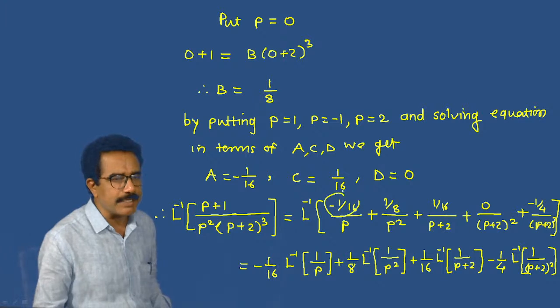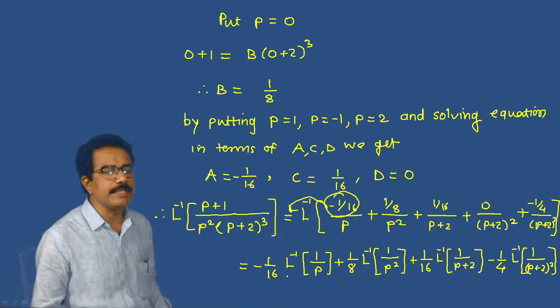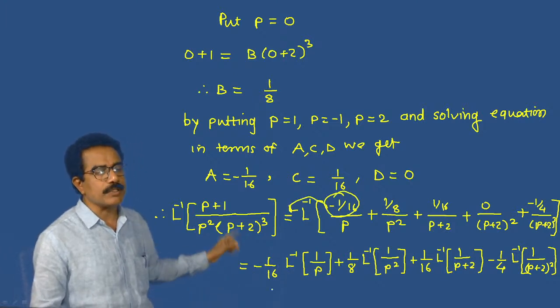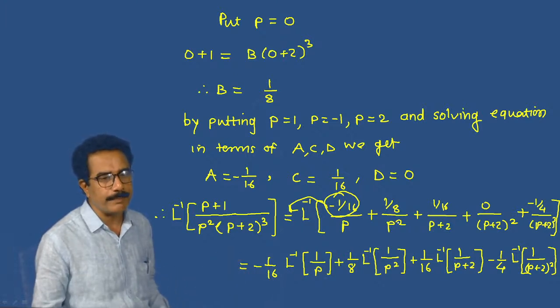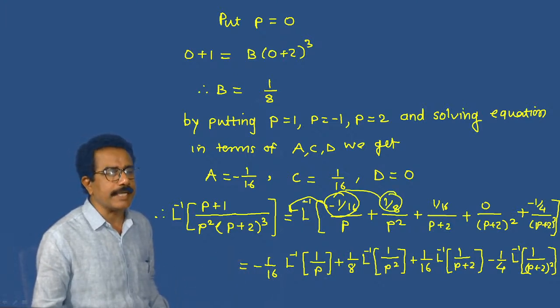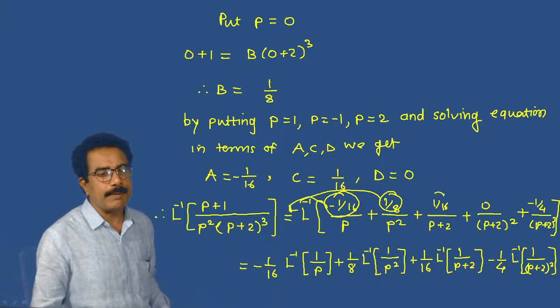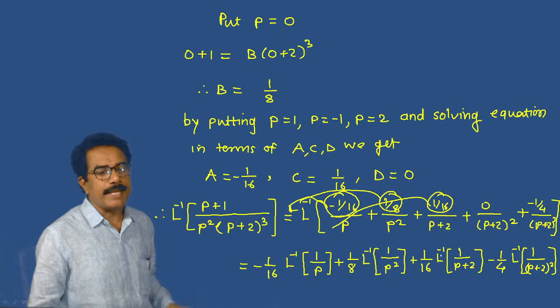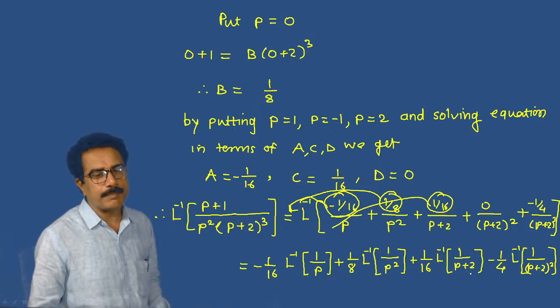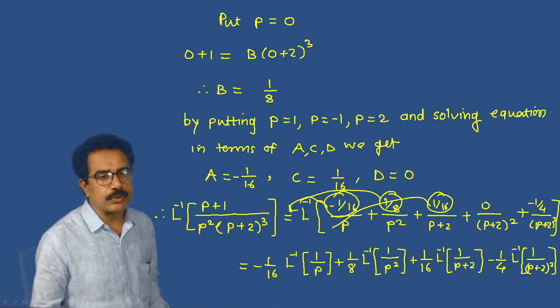So keep this minus 1 by 16 out of this L inverse. So minus 1 by 16 L inverse of 1 upon P. Again 1 by 8 you can take out of L inverse, 1 by 8 L inverse of 1 upon P square, plus 1 by 16 L inverse of 1 upon P plus 2, and the D term goes to 0.